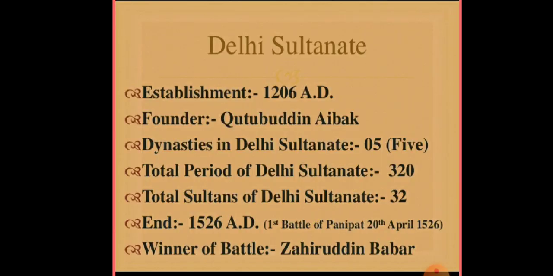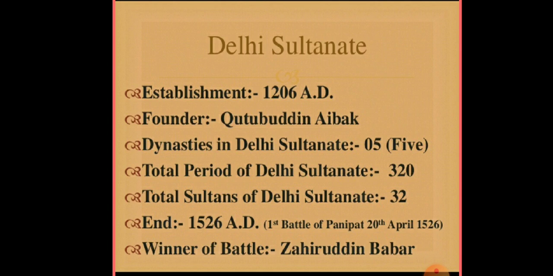Next, we have some important points to remember regarding the Delhi Sultanate. Year of establishment: 1206 AD. Founder: Qutb-ud-Din Aibak. Dynasties included in the Delhi Sultanate: 5. Total period of the Delhi Sultanate, or years of rule: 320.